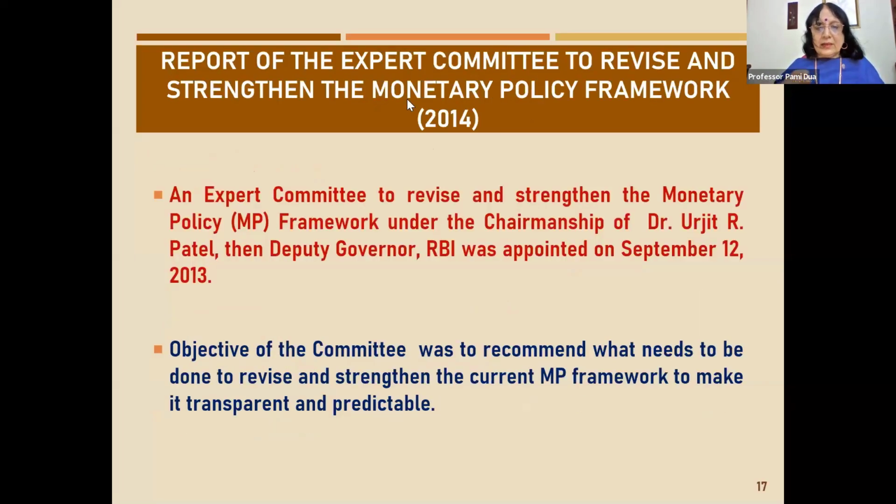So then Dr. Raghuram Rajan became the governor of the Reserve Bank of India, and under his governorship, he appointed a committee, an expert committee, to revise and strengthen the monetary policy framework. And the chairperson of this committee was Dr. Urjit Patel, who was the then deputy governor at Reserve Bank of India.